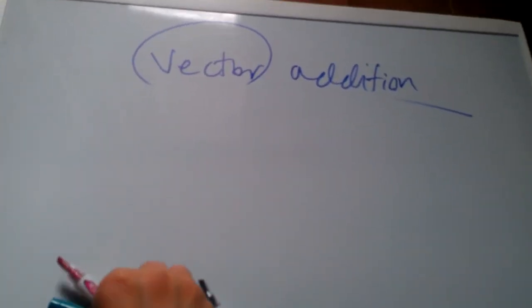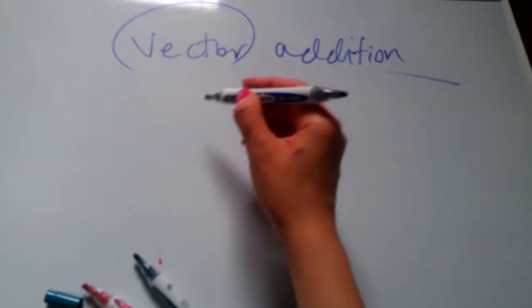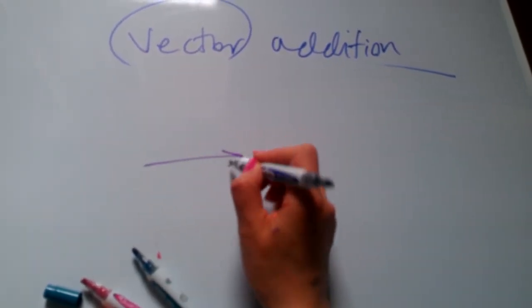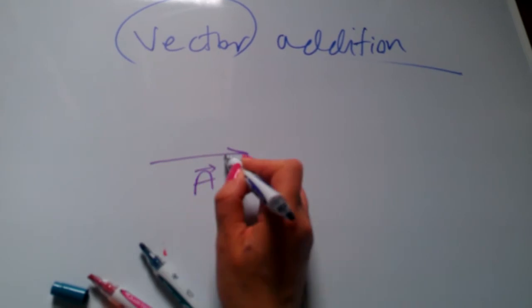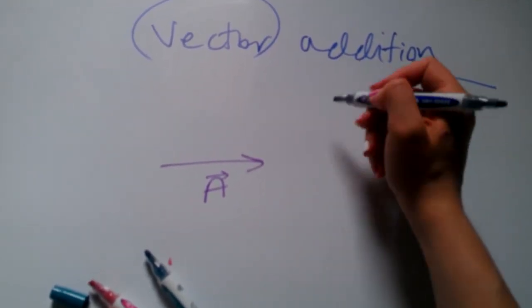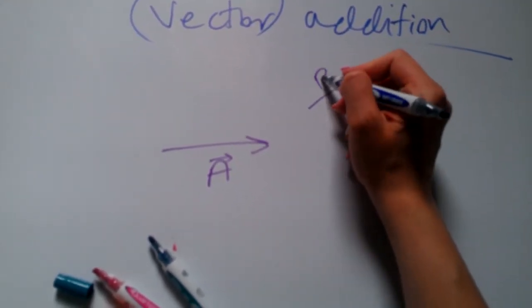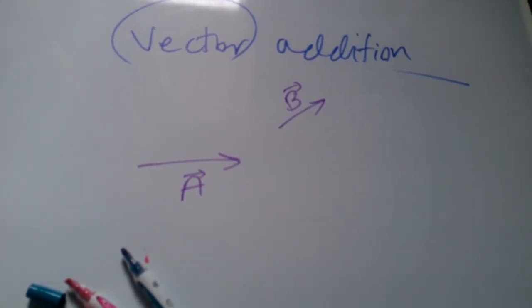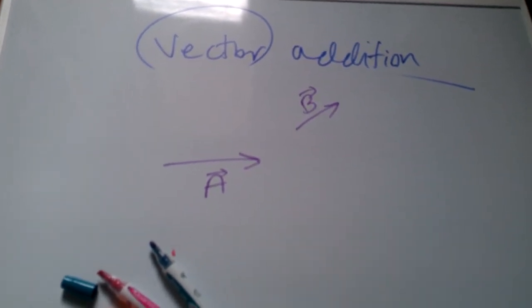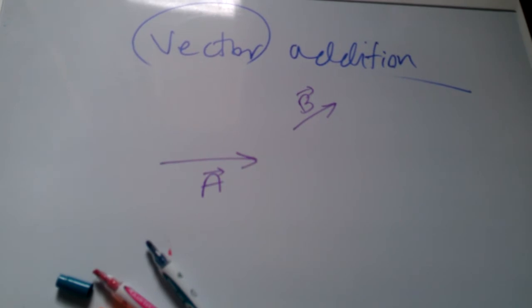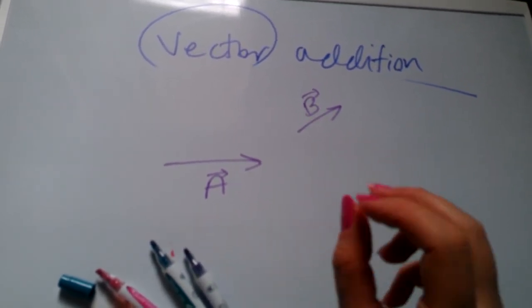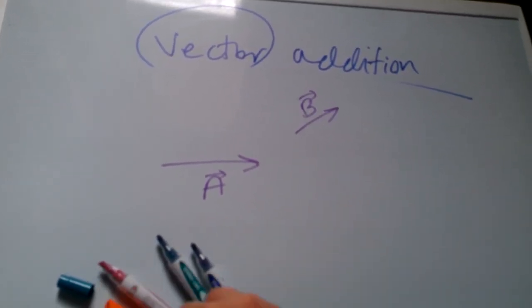Now, if I have 2 vectors, let's say I have vector A towards this direction, and I have another vector called B towards this direction. If I want to add these two up, this is what I need to be doing. There are two ways for vector addition.